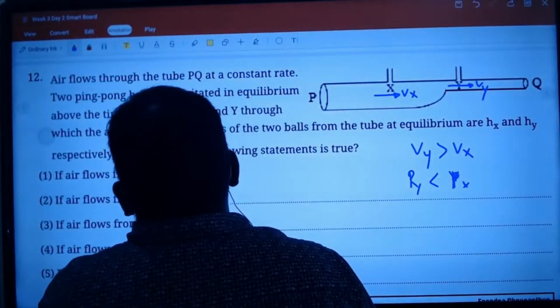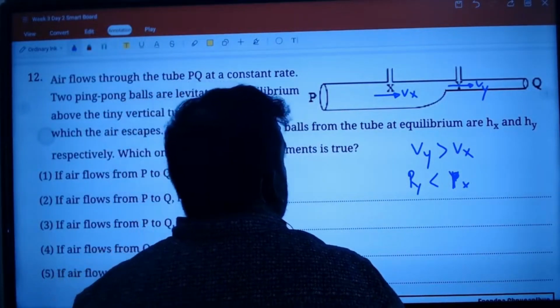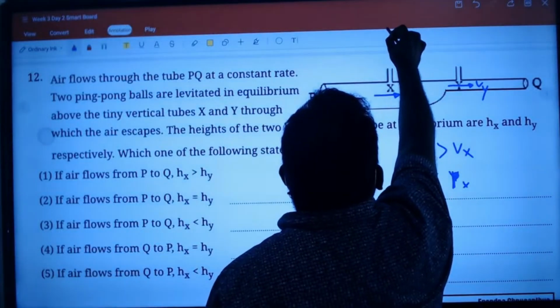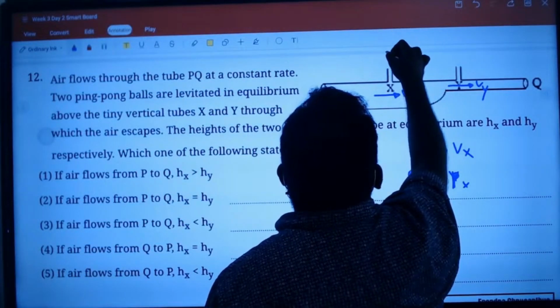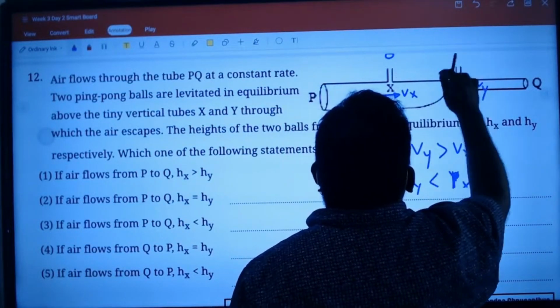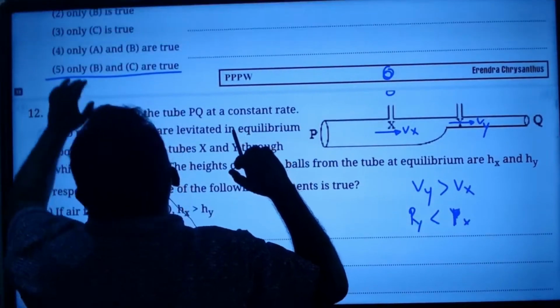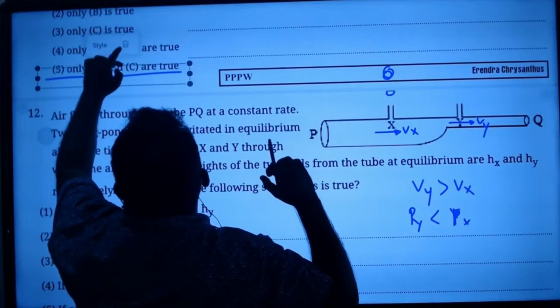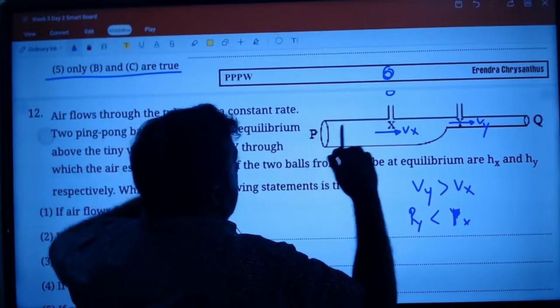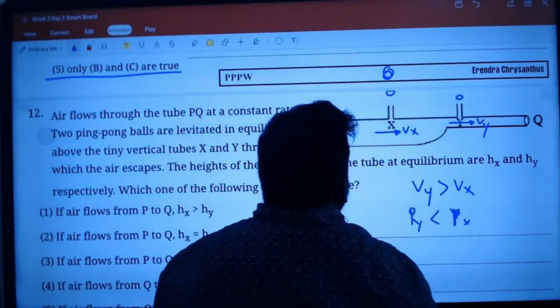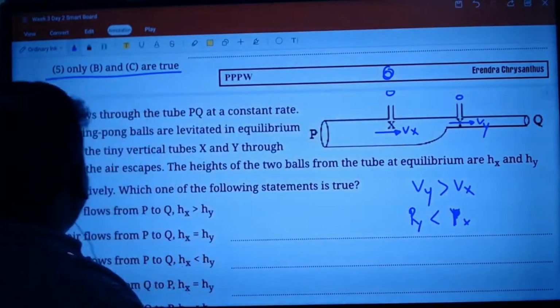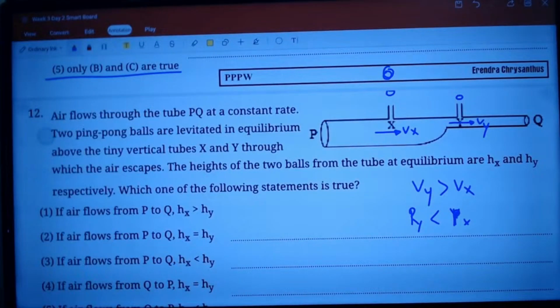So when air is going from P to Q, larger pressure means greater height for the ping pong ball. So the ping pong ball will fly higher near x than y.